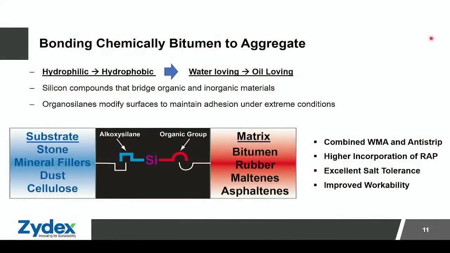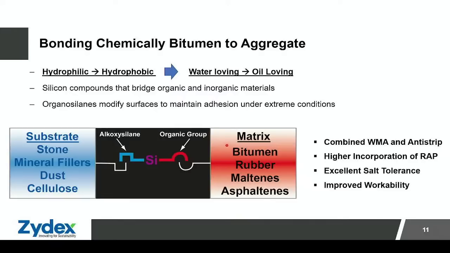Now, coming to the bituminous side, as I said in my previous slide, we are converting the soil surface from hydrophilic to hydrophobic. Actually, we are converting it to oil loving. So now, once we apply the same technology for the bituminous layer, the bitumen is going to coat very nicely and uniformly over even the fillers and the aggregates.